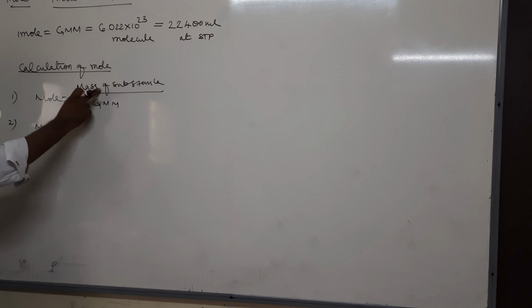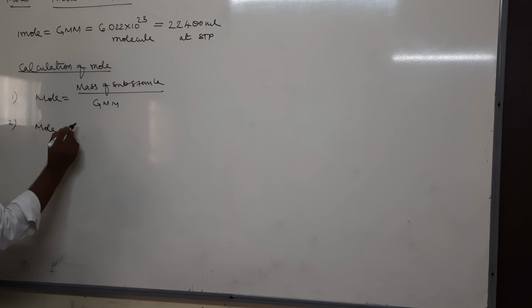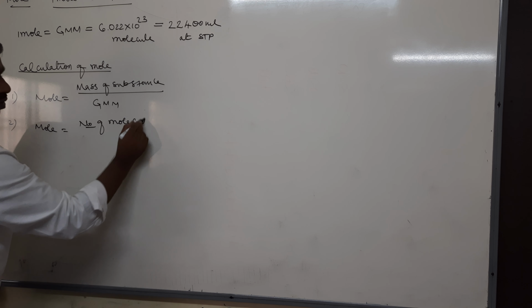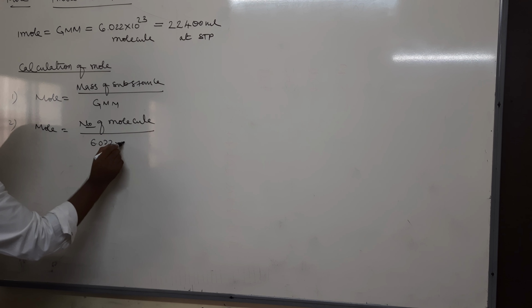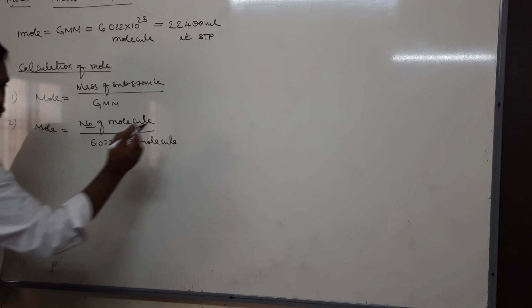It is with respect to mass. Mole can also be calculated with respect to molecules. If the number of molecules is given, then mole is equal to the number of molecules divided by 6.022 × 10^23, that means Avogadro number of molecules.